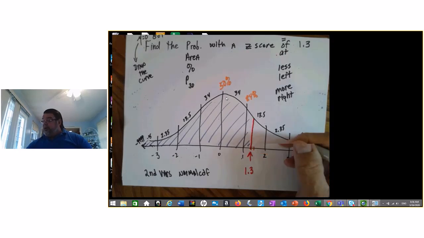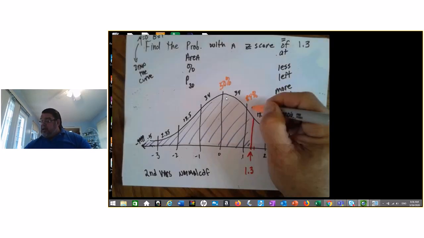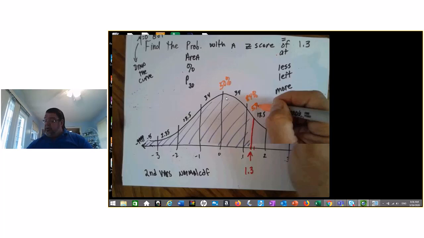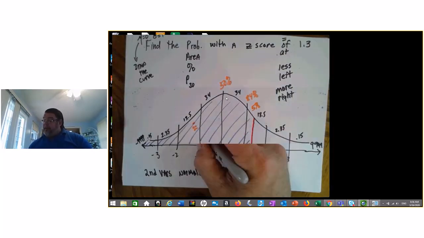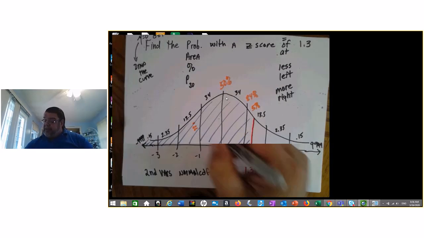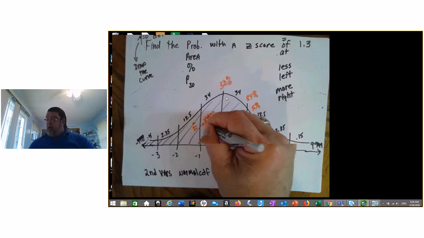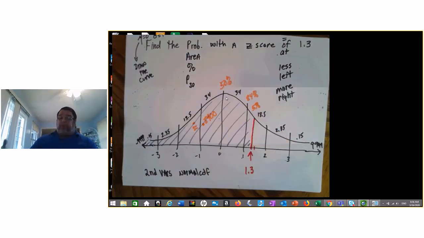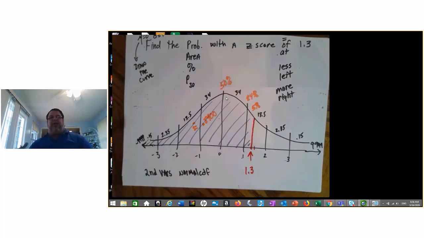So a third of 13 is what? 4? So this is 4 or 5 right here. So I'm going to add 5. I'm going to say it's roughly 89%, 0.8900. Now, what did I just use? I just used the empirical rule to tell me where the answer is going to be around.